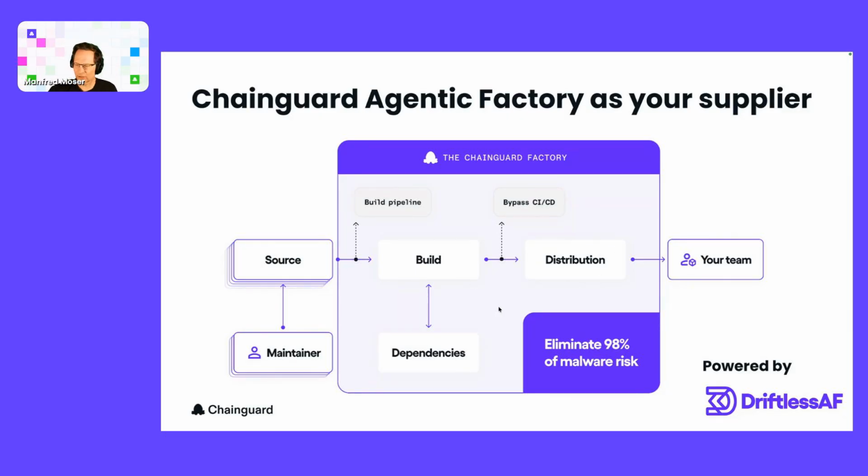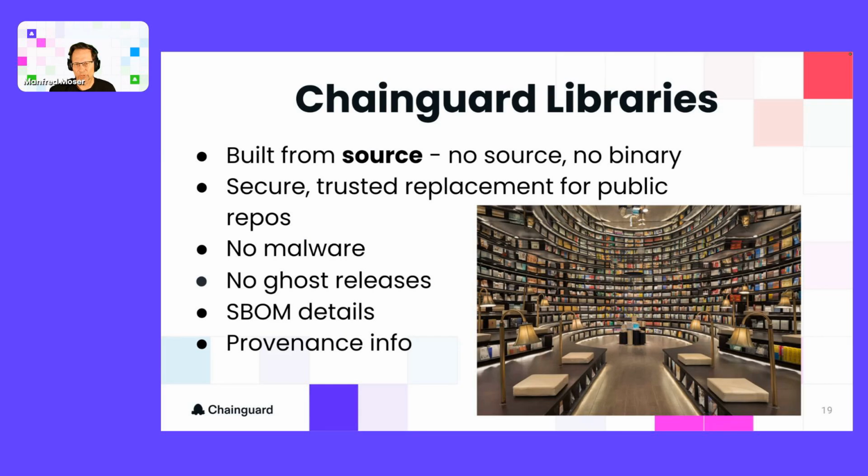So the malware is injected in the pipeline, and we take over that distribution pipeline by having Chainguard Factory build all the libraries from source and distribute them to you in a secure manner. And also we add more stuff. So what we do is we make sure that we build from source. We don't look at the binaries, which also means if there is no source code, there is no binary.